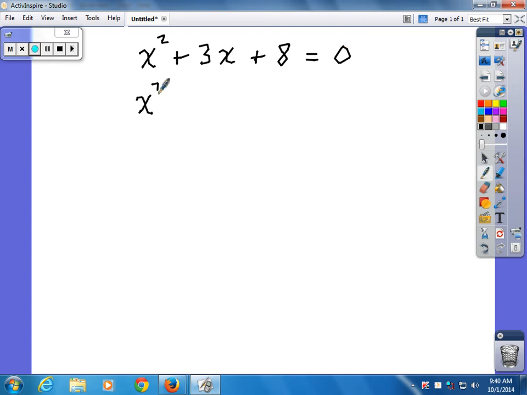x squared plus 3x plus blank is equal to negative 8 plus blank. Half of 3 is 3 halves. 3 halves squared is 9 fourths.